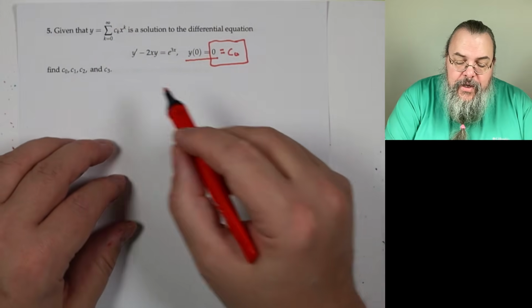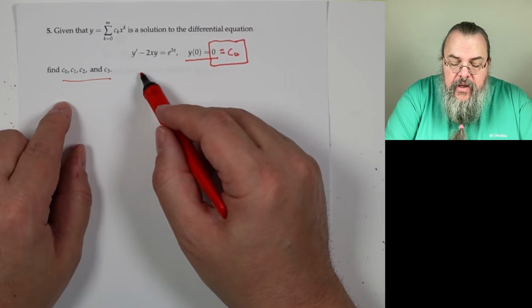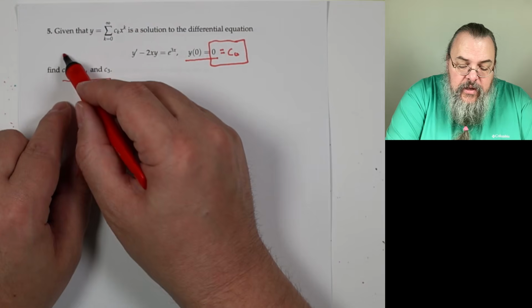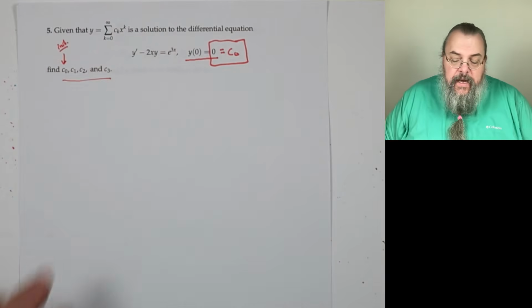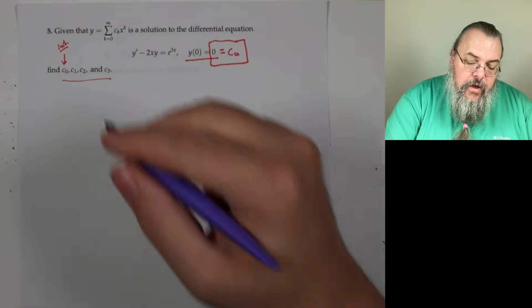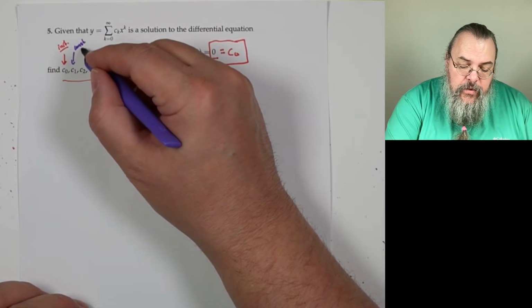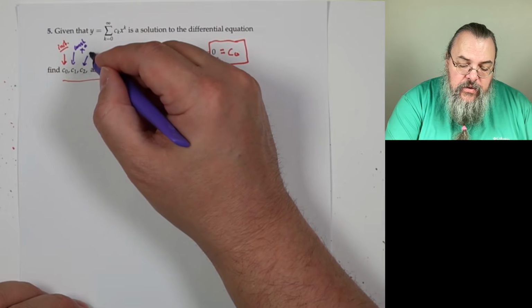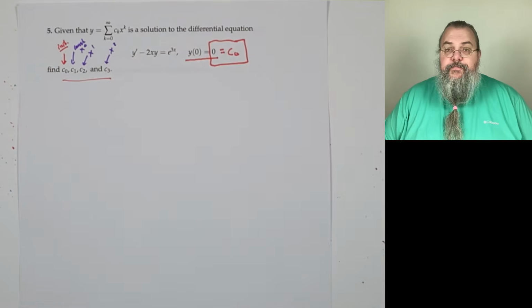Well, here's what we're going to look at. We want C0, C1, C2, C3, and since this came from the initial conditions, what's going to happen is that as we look at this, C1 is going to come from looking at the constant term, which is really x to the 0. C2, you're going to look at x to the 1, and C3, you're going to look at x squared.